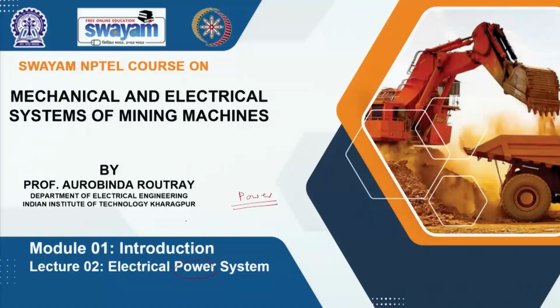So, we will consider power first. In the first part of the lecture, we will focus on power. Power means there are three things: power generation, as I said, then transmission, then distribution.